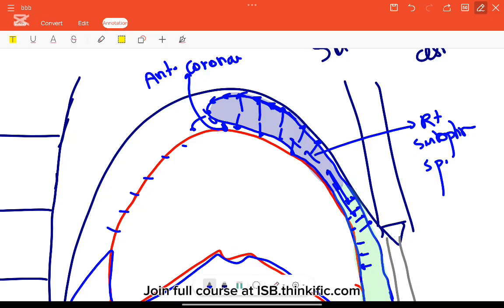I will tell you all the ligaments later. So posteriorly is the coronary ligament of the liver, and the bare area of the liver is over here. That's posterior. Now, to understand the medial border better, I'm going to take you to a 3D model.